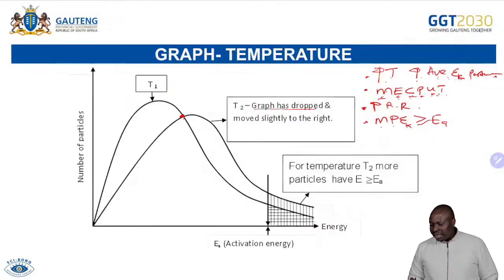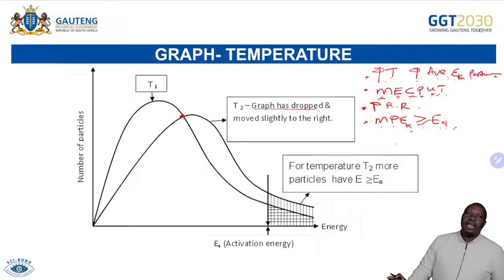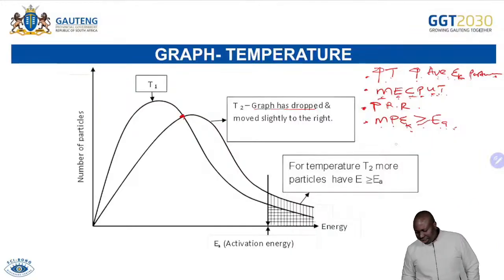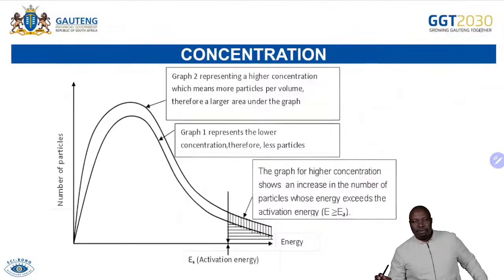We'll have more particles with kinetic energy greater than or equal to activation energy. Everything written in full there, you are able to collect your marks. That's how you will deal with increasing temperature under collision theory using the Maxwell-Boltzmann distribution curve.